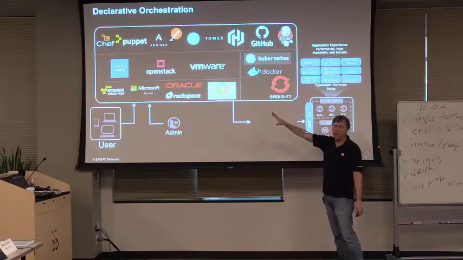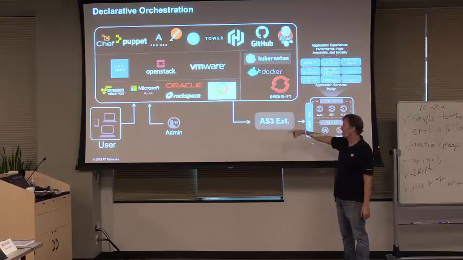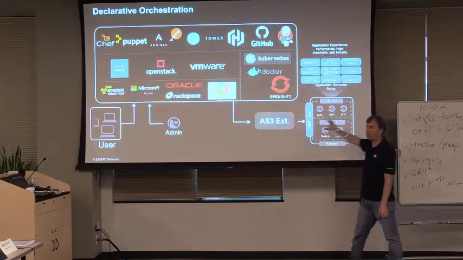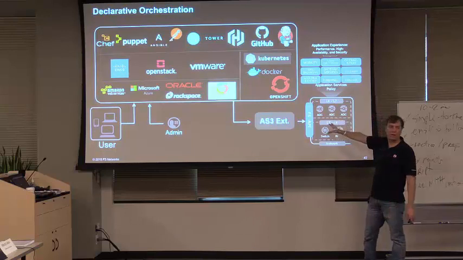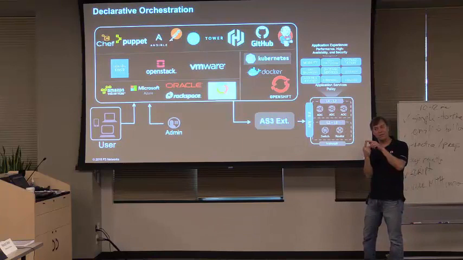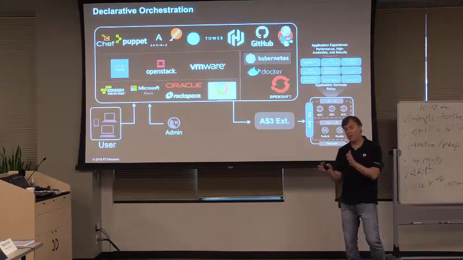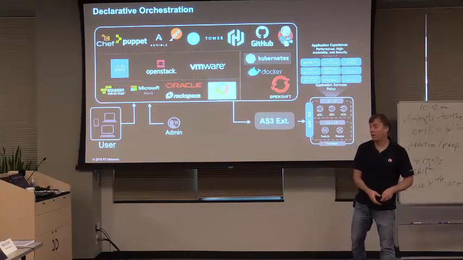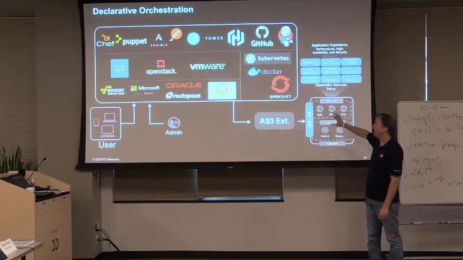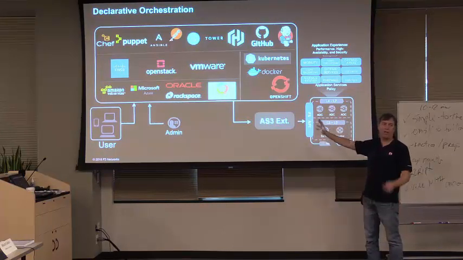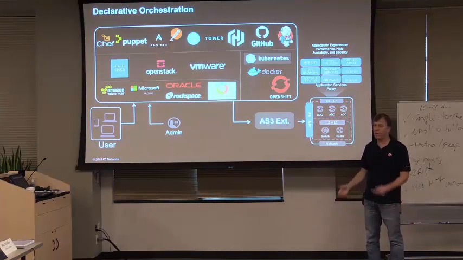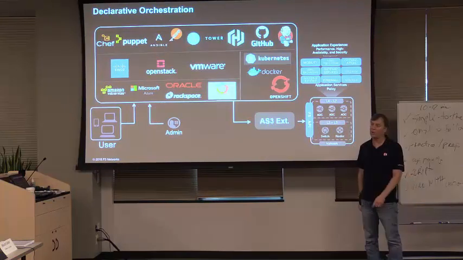All of those can be input to AS3 as an extension, which would do the work of doing the REST API calls and either creating BIG-IPs from scratch, that's an option, or just changing the configurations, adding virtuals, pools, adding ASM security policies to applications as an example, and implementing that on some BIG-IP out there, whether it be hardware or VE somewhere.